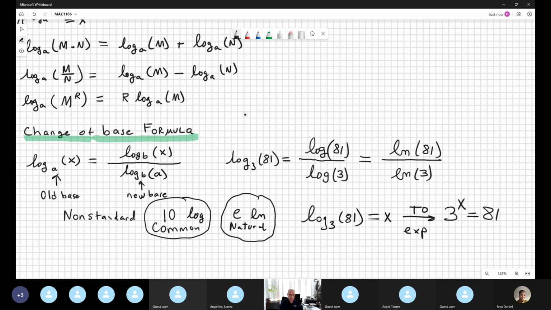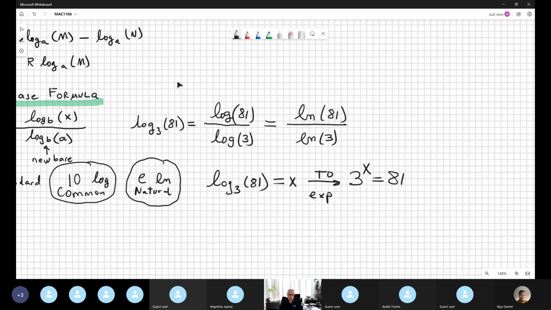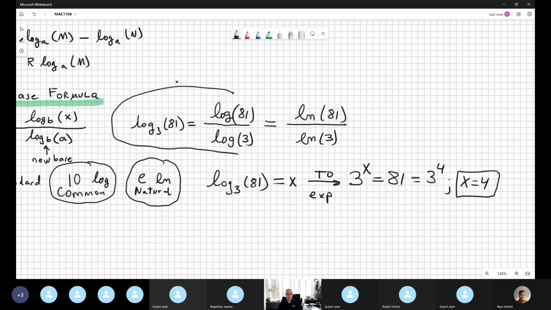We automatically convert my problem from a logarithmic statement to an exponential statement. I know that 81 is 3 to the 4th power, therefore x equals 4. With this we verify the answer is correct. We did it by hand, but it is not always possible to do it by hand in a more complicated problem. However, it is always possible using the famous change of base formula.